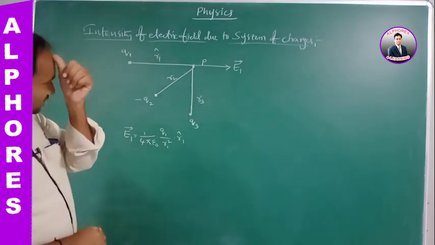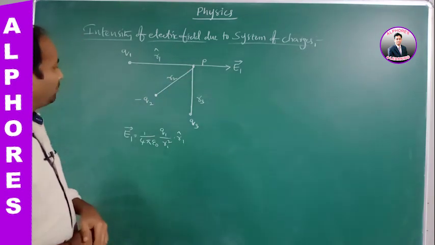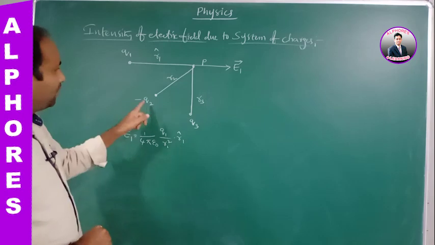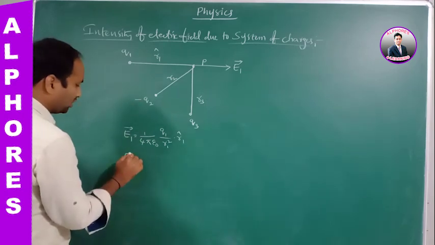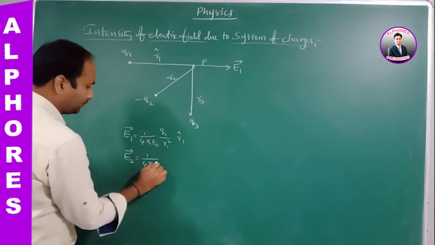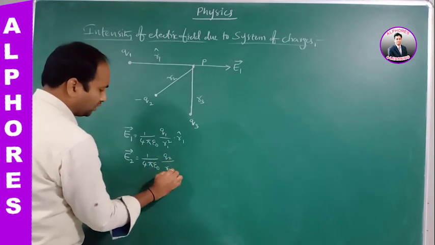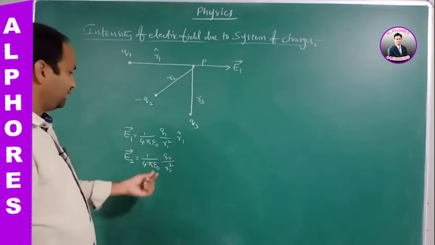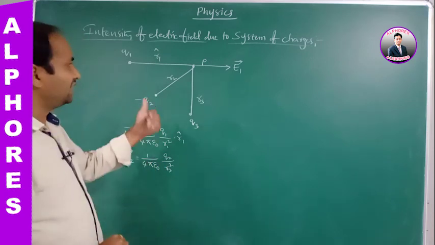Next, calculate the intensity of electric field at the point P by the negative charge minus q2. Let it be E2. E2 bar is equal to 1 by 4 pi epsilon naught, q2 by r2 square, into r2 cap. No need to write the negative sign here; in the vector notation, the negative sign just indicates the direction is opposite.